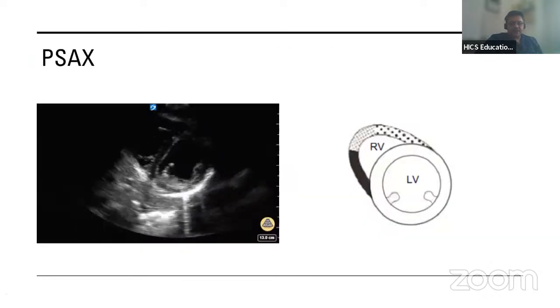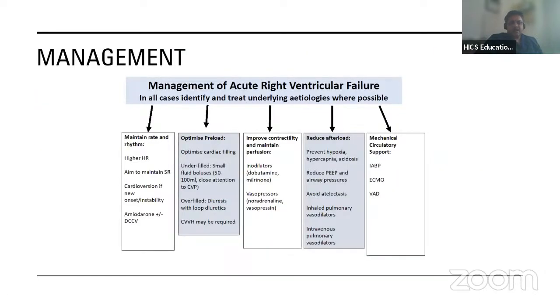So once you have identified right ventricular dysfunction, how do you manage? As we said, the rhythm of the right ventricle is very important. So the first thing is to try to maintain a good perfusing rhythm, which is usually the sinus rhythm. At a higher heart rate, aim to maintain a sinus rhythm, cardioversion if needed, and use either medical, pharmacological, or electrical cardioversion.